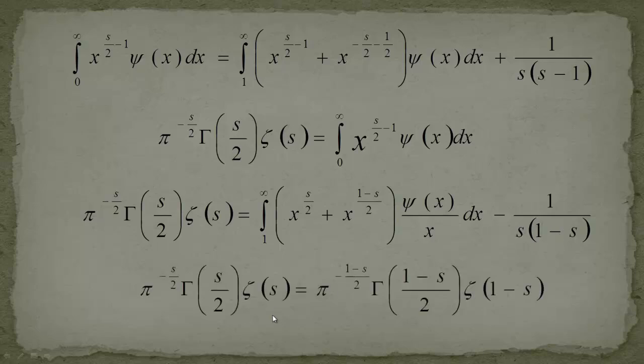So where we arrive is that if I take this function, or better this left hand side, and I replace s by 1 minus s, I will have the same integral. So I cannot evaluate this right hand side, but I can tell you that if I replace s by 1 minus s everywhere, I will have the Riemann functional equation, and this is where we stop.